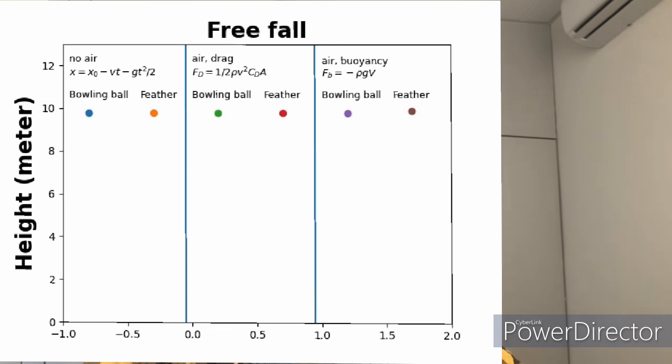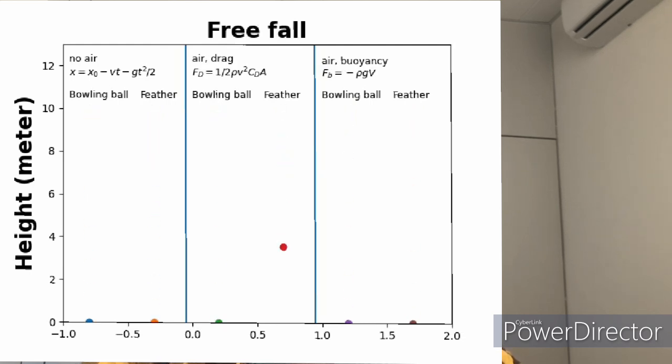As you can see, when there is no air, both of the objects, the bowling ball and the feather, hit the ground at the same time. But if we consider only the drag force, the bowling ball reaches the ground much earlier. In the last case, when there is only the buoyancy force plus gravity, you see that it takes a lot of time for the feather to reach the ground due to the buoyancy force.